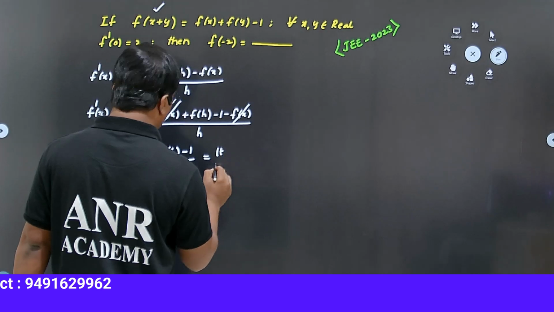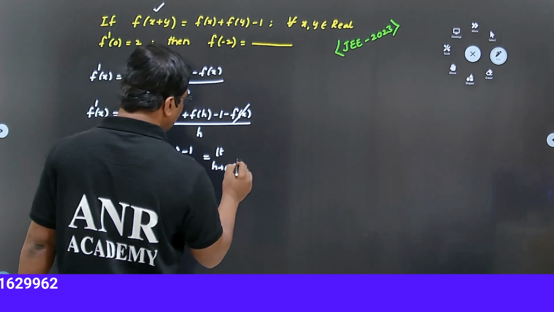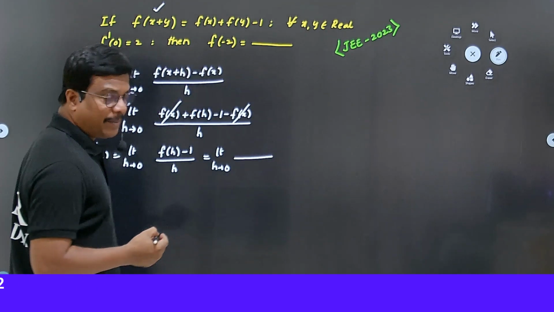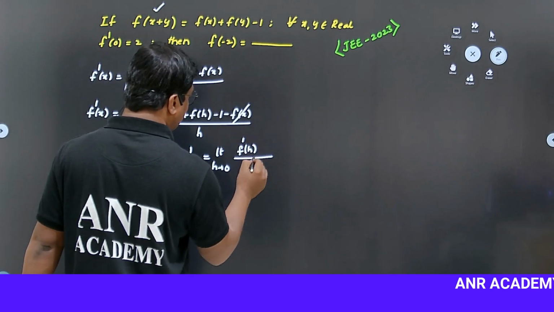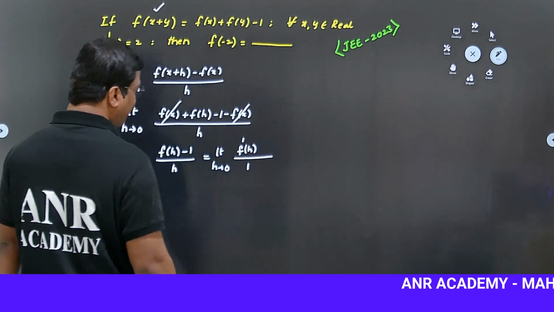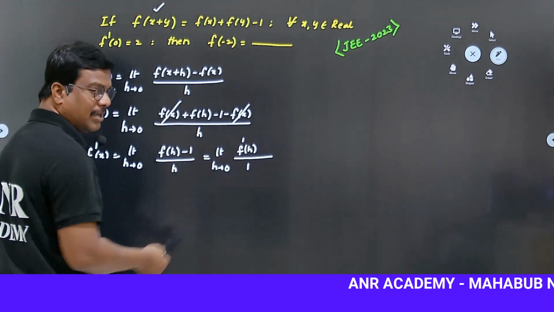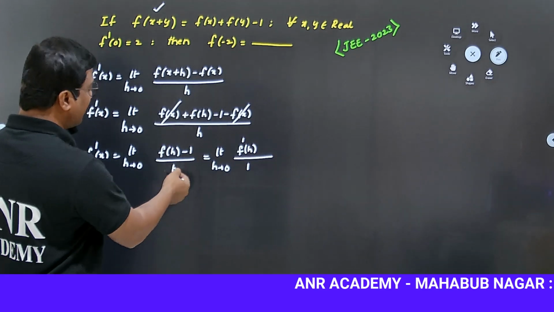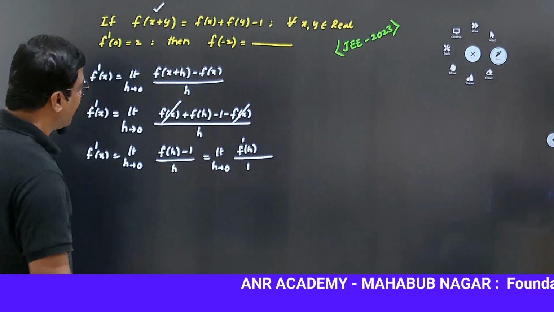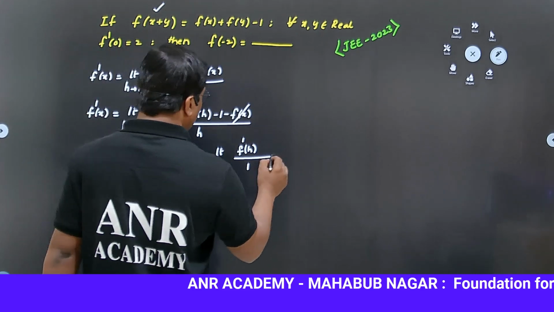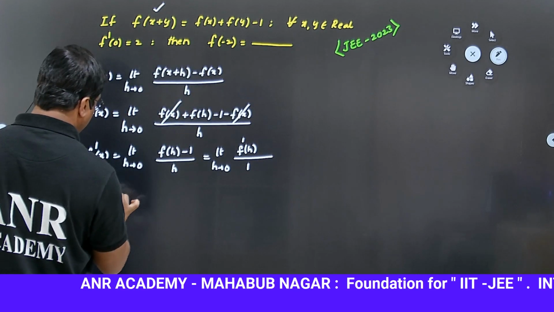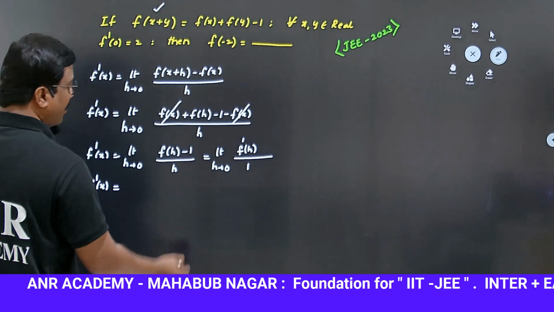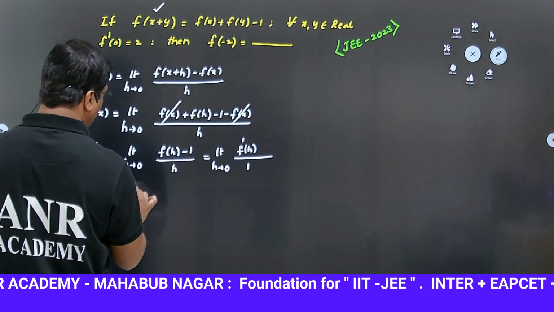What does L'Hopital's rule say? You have to differentiate both numerator and denominator. Now it is f dash of h, derivative of 1. Differentiation of numerator separately, differentiation of denominator separately. Now f dash of x value becomes f dash 0.